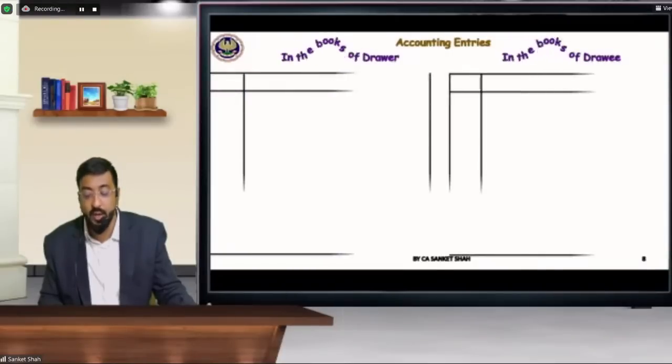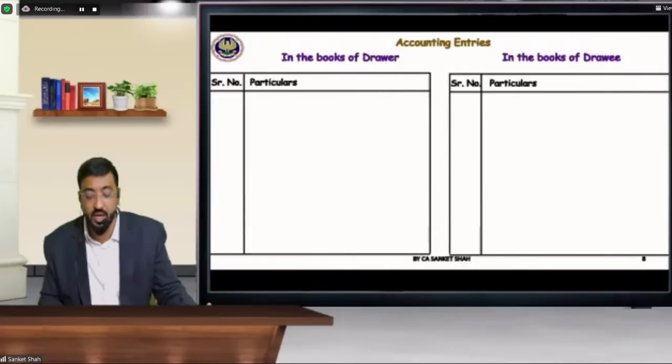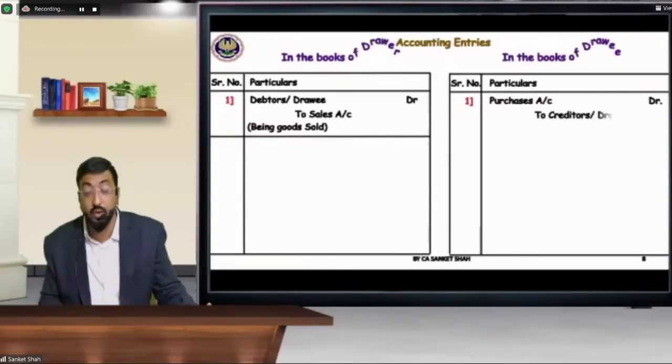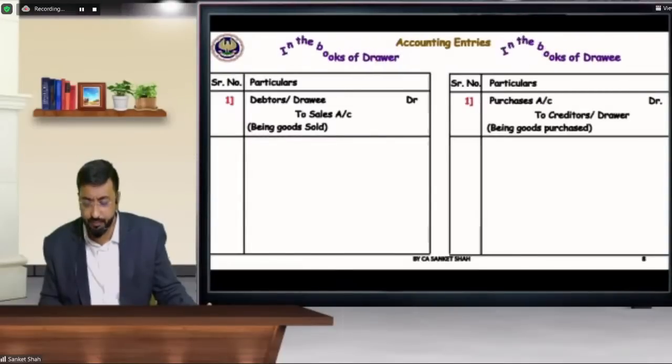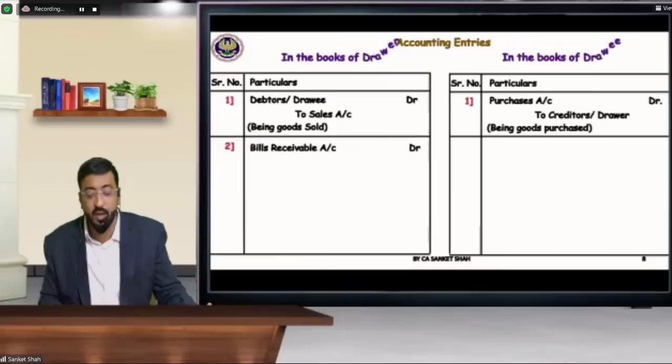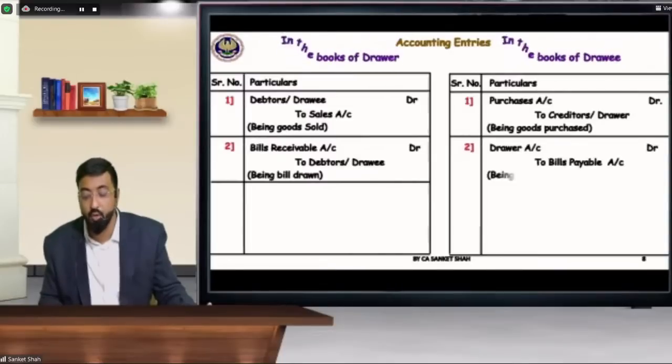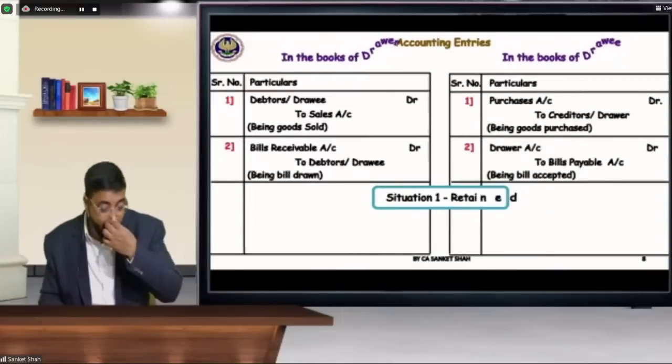Accounting entry already explained. So now you can check one more time. Drawee account debit to sales. Here it is purchases account debit to creditors. This is just a revision. After that, bills receivable account debit to debtors or drawee. So the drawee account is getting cancelled. Bill drawn: here it is drawer account debit to bills payable. Bill accepted.